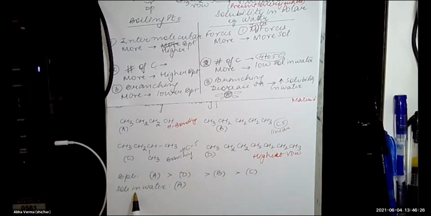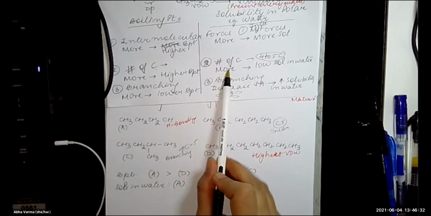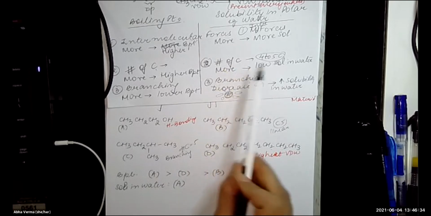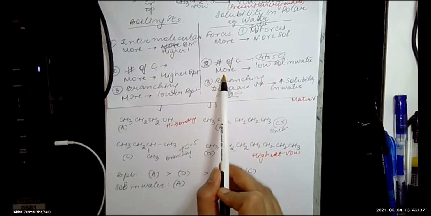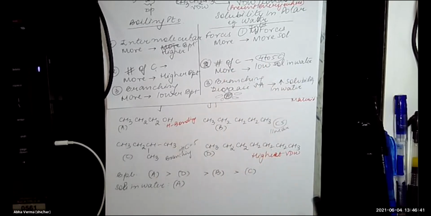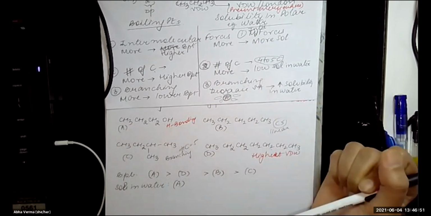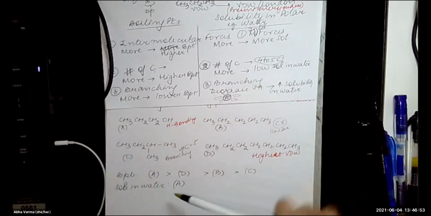Now, using this, I can use the solubility in water also. What does solubility in water tell me with the number of carbons? As the number of carbons increases, the solubility in water decreases. So among all of these, we know that A is going to be the most soluble with its hydrogen bonding, because I'm following the same rules. But what will happen with the number of carbons?